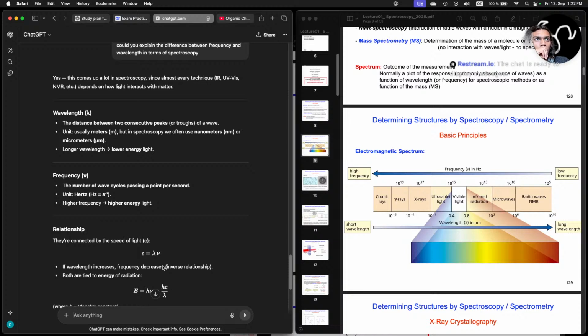This comes up a lot in spectroscopy since almost every technique, IR, UV, depends on how light interacts with matter. The distance between two consecutive peaks of a wave, that's the wavelength. Okay. Frequency is the number of wave cycles passing a point per second.